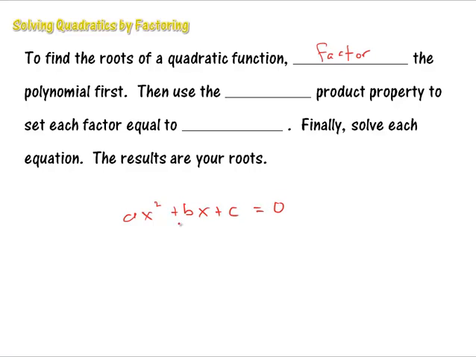We're going to factor this first. Then after that, we're going to use the zero product property to set each factor equal to 0. And then we're going to solve each equation. Those answers that we get are going to be our roots. They're going to be x equals something and x equals something if there's two of them. Okay, so let's jump into a problem and see if we can follow along this process.